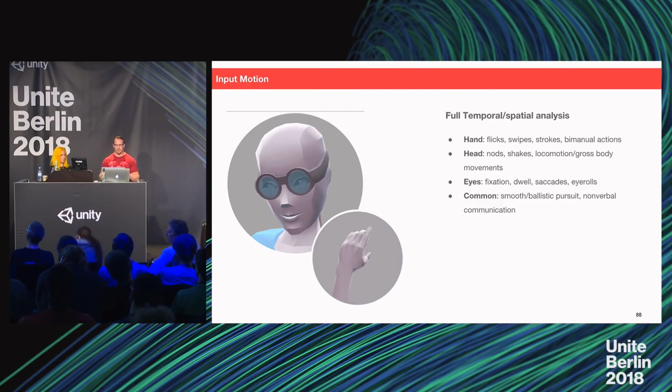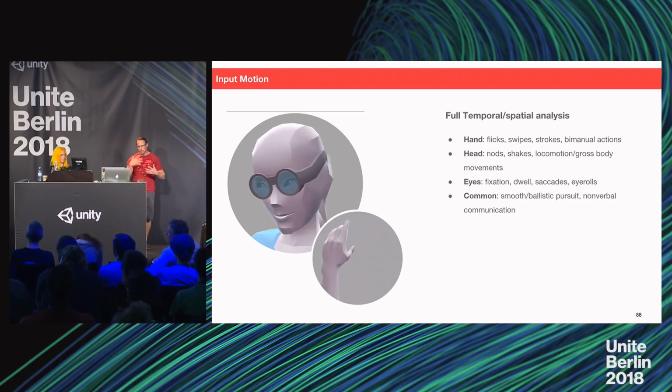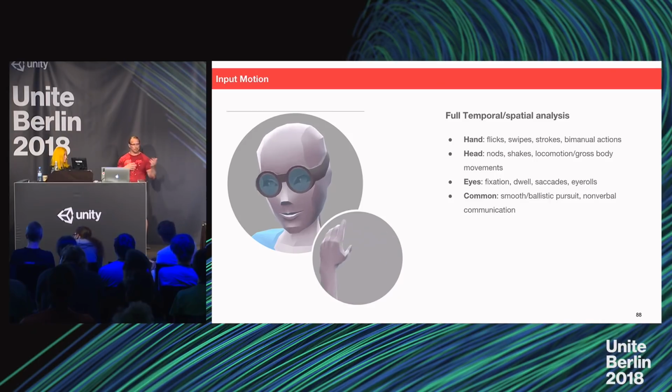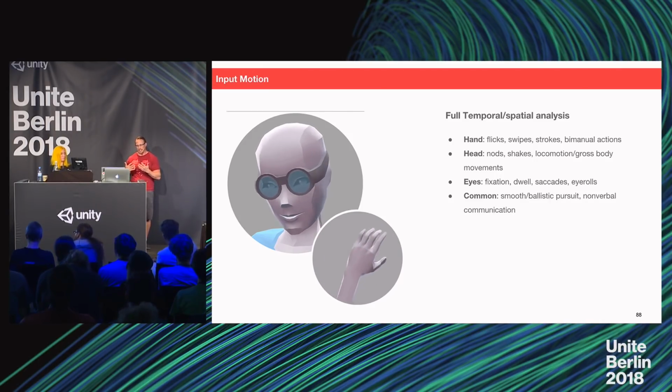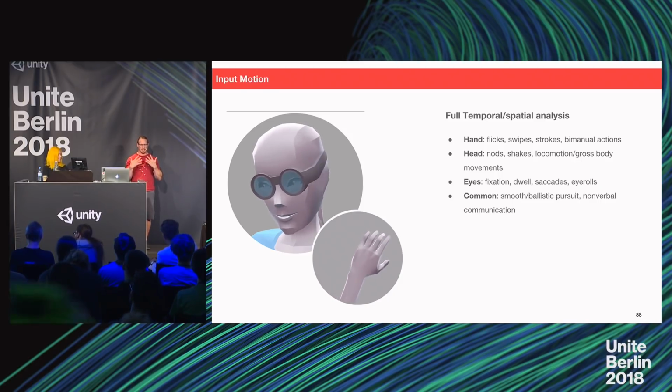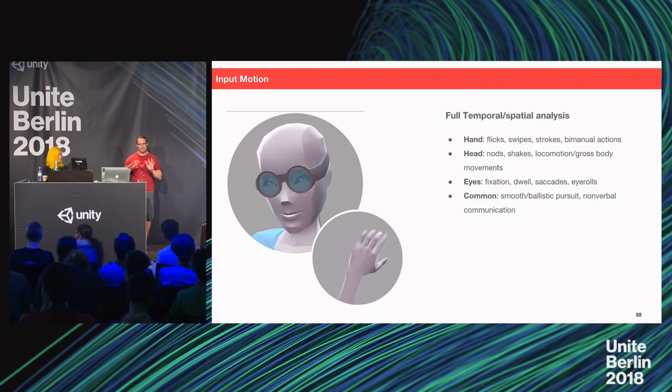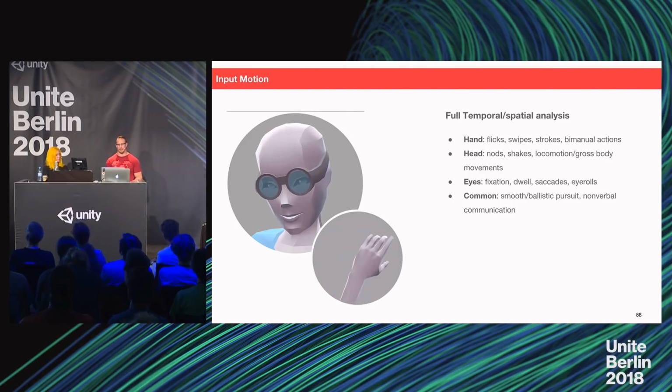That allows me to correlate these things. And then the other thing that all of these inputs do all the time is nonverbal communication movement. Like if you can detect that the user is talking, you should probably ignore what he's doing with his hands, especially if these particular gestures are hooked up to your experience at all. Because otherwise, various people that talk with their hands a lot are going to have a real hard time enjoying your experience.